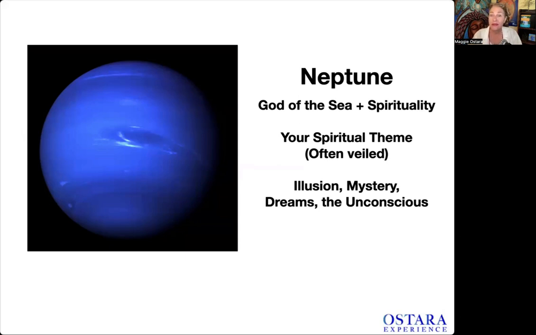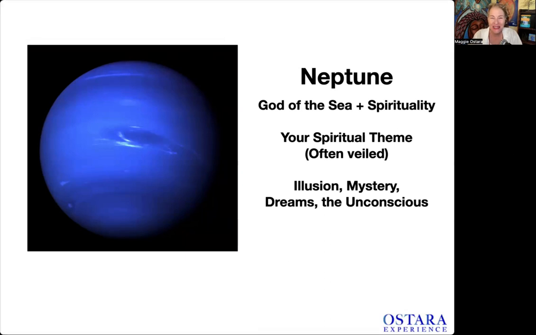That's mysterious. Part of our role is to be able to cut through illusions and things that are not actually true, so that we can get to more of the core of what's going on. This is part of our spiritual theme, if you will. So in human design, Neptune is showing us what our spiritual theme is.